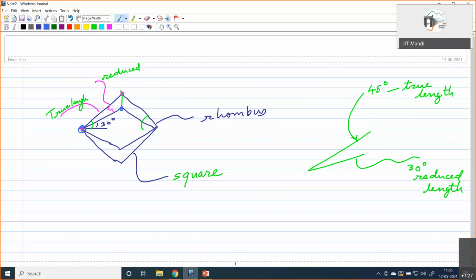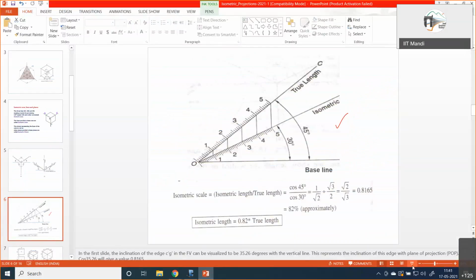So this reduction I can obtain by drawing it like this. Okay. So this total true length beginning from this point and ending here, if I drop it down to this 30-degree line, then the 30-degree line is giving the reduced length. Okay. So using this, we have this scale drawn here in this line.